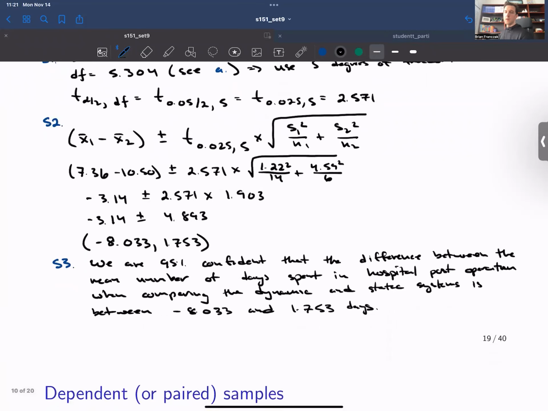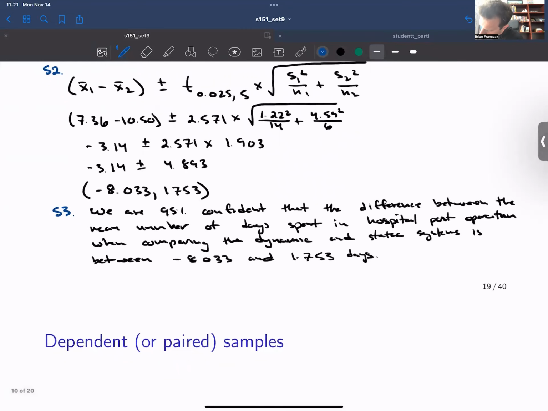Okay. So again, the confidence interval is actually just telling us where we believe that difference exists. So this is an interval for mu1 minus mu2. So we are being told where we believe the value of mu1 minus mu2 exists.